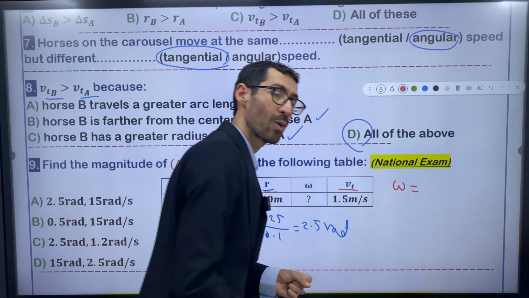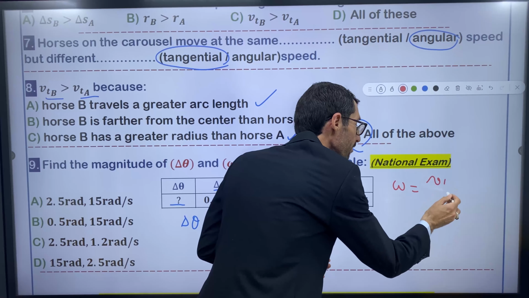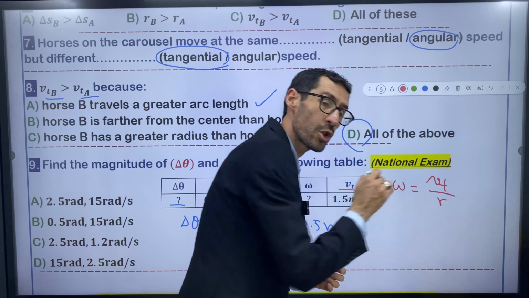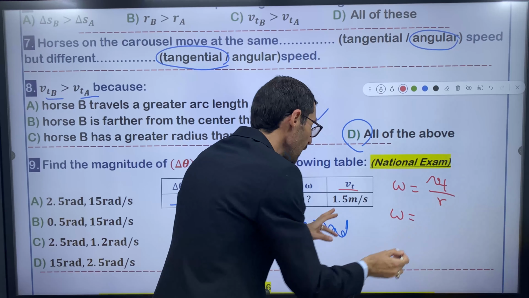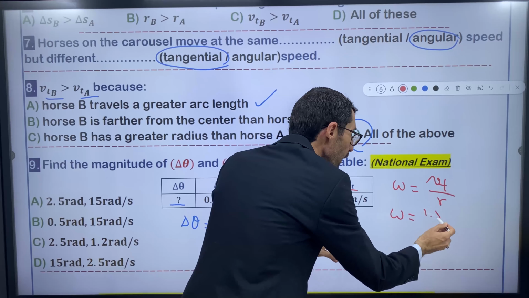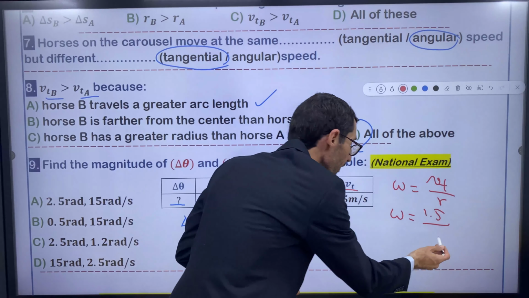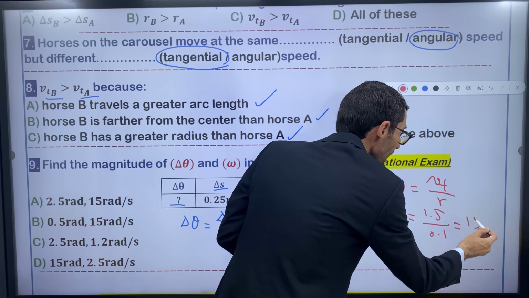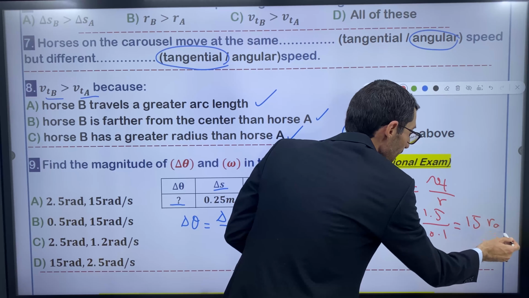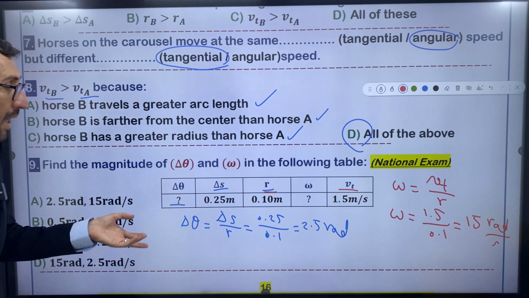I say omega is equal to VT over R. Is it true? Yes, it's true. So omega is equal to VT, 1.5, divided by R, 0.1. And the answer will be 15 rad per second, because the decimal points cancel out each other.